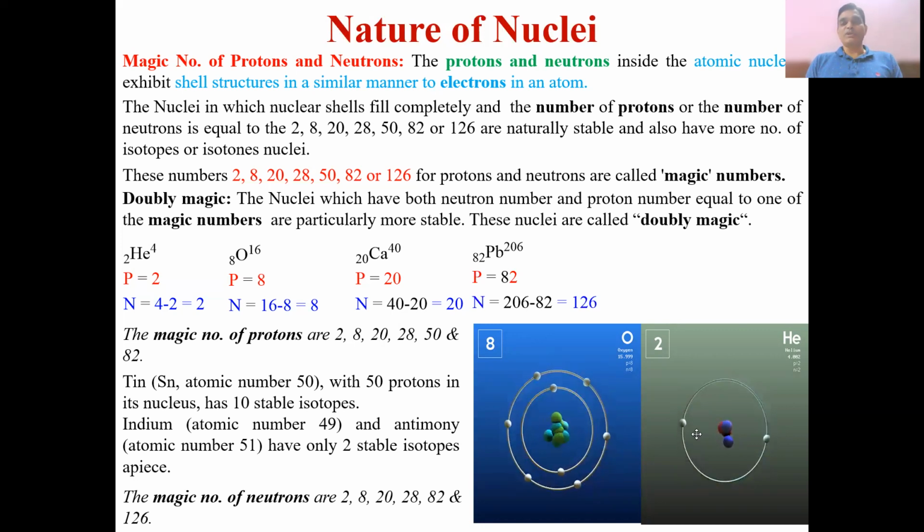Consider lead, whose atomic number is 82 and mass number is 208. The number of protons is 82 and the number of neutrons is 208 minus 82, equal to 126. That also comes in the category of doubly magic nuclei. So species which have doubly magic nuclei are found to be extraordinarily more stable as compared to other nuclei.